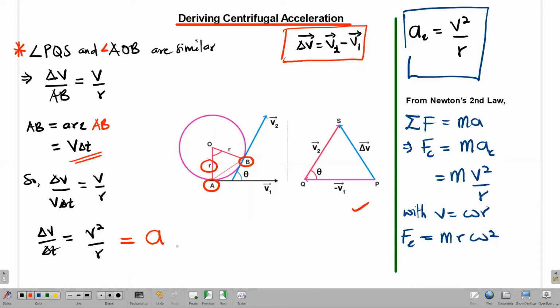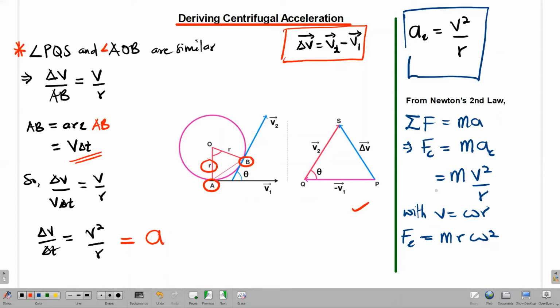And this acceleration is what we are calling the centrifugal acceleration. Hence, we can say from Newton's second law, the sum of forces being equal to MA, the centrifugal force will be equal to M times A subscript C, which is the mass of the vehicle times the centrifugal acceleration.